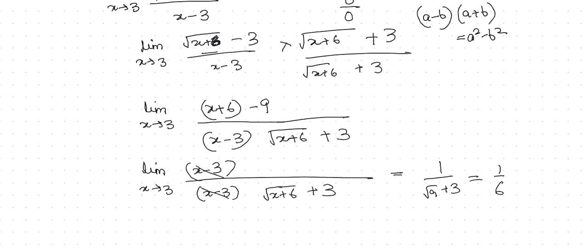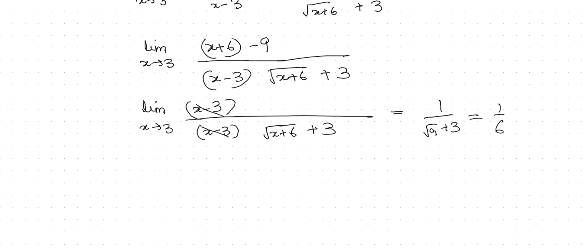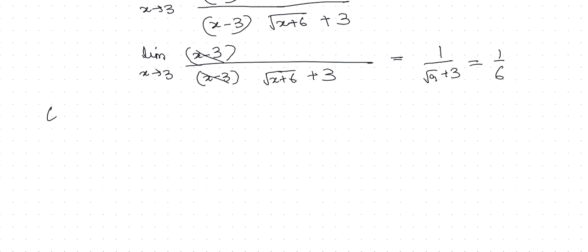So in this case, we multiply by its conjugate, numerator and denominator, and then we simplify and we get the limit. So this is one way of getting limits.